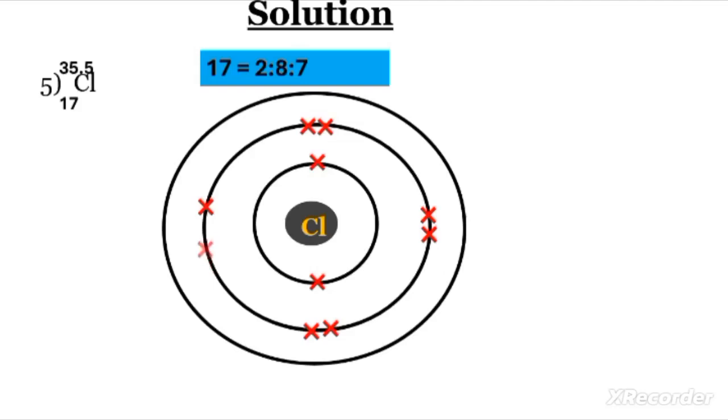Then the last 7 electrons in the last shell, or in the outermost shell, or in the outermost energy level. So as we can see, we have 7 electrons in the outermost shell. Okay, so we are done with our question.